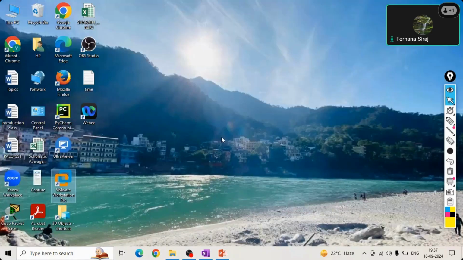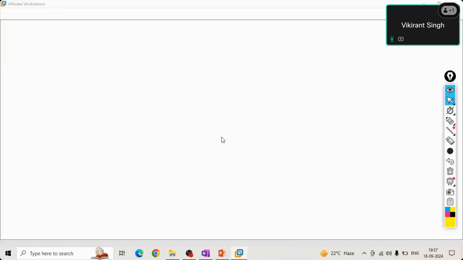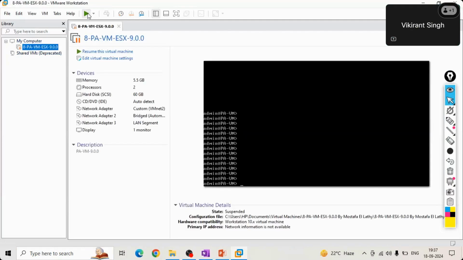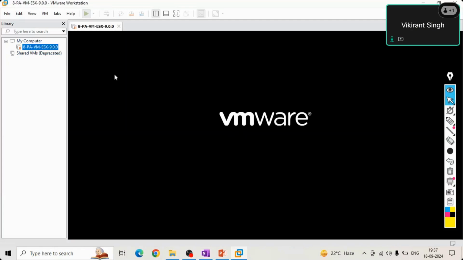Let me show you that in the firewall. So this is very basic and this has to be clear before working in production. You will not be allowed to create any policies for the same zone traffic.